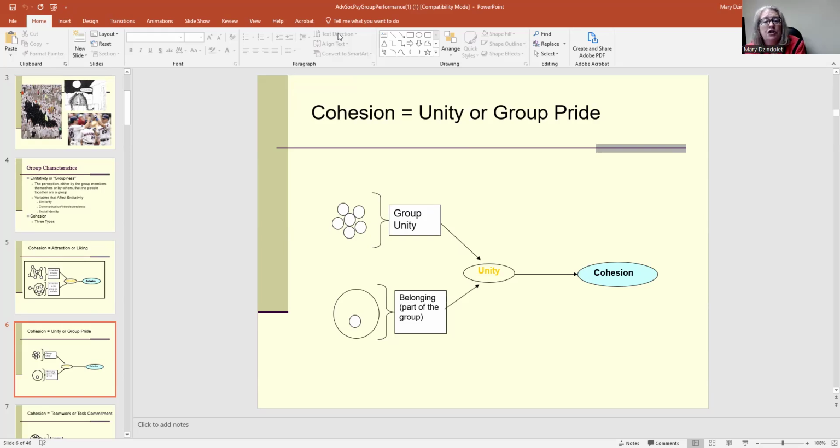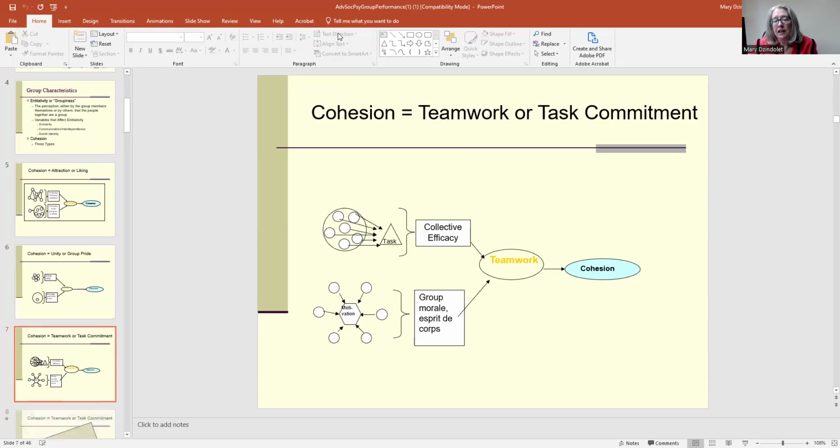Also, how much do you feel like you belong to this group? That you are a member of this group. You're part of it. And it wouldn't be the same without you there. You're needed. They need you. You need them. That's going to, again, be this sense of unity or pride. And these 2 things lead to this type of cohesion that has to do with unity.